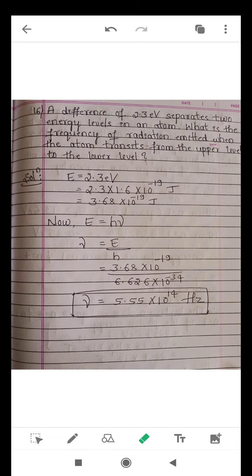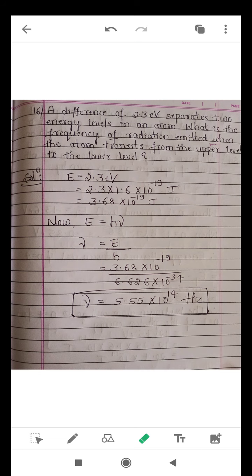A difference of 2.3 electron volt separates two energy levels in an atom. What is the frequency of radiation emitted when the atom transits from the upper level to its lower level? So here they have mentioned the difference of energy value, so that is 2.3 electron volts.